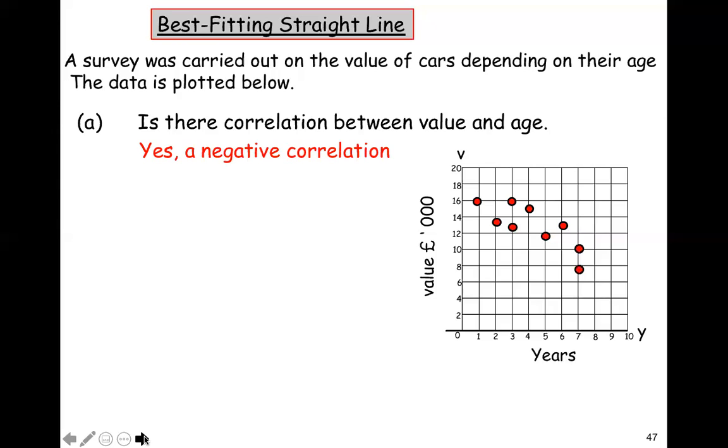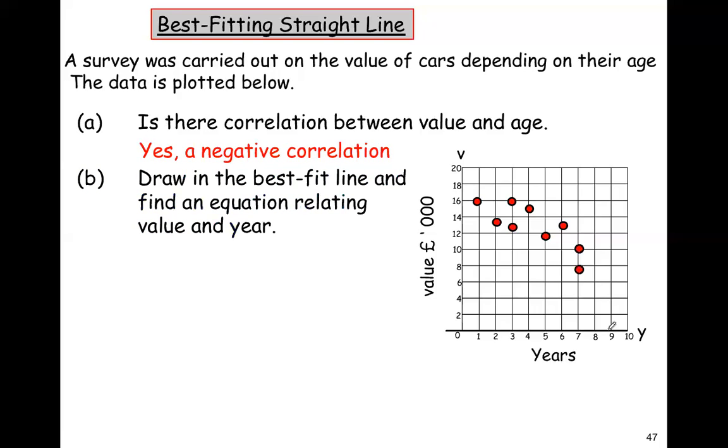What they mean by negative is, as we increase in years, the value decreases. So that's what they call a negative. The previous one, we had a positive correlation, if you remember: as you were getting taller, your weight was increasing. So here we've got a negative correlation.